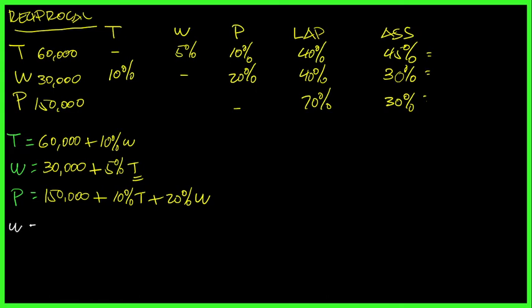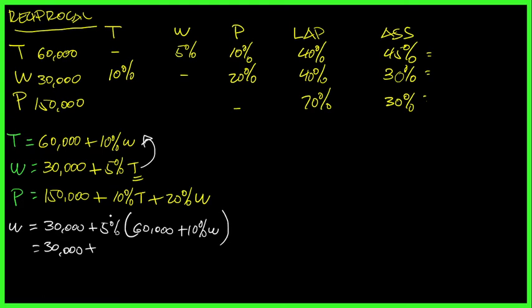W is equal to 30,000 plus 5% of T. 5% of what is T? This one. 60,000 plus 10% of W.